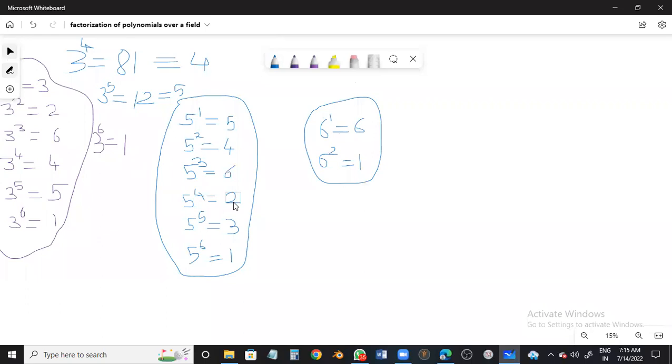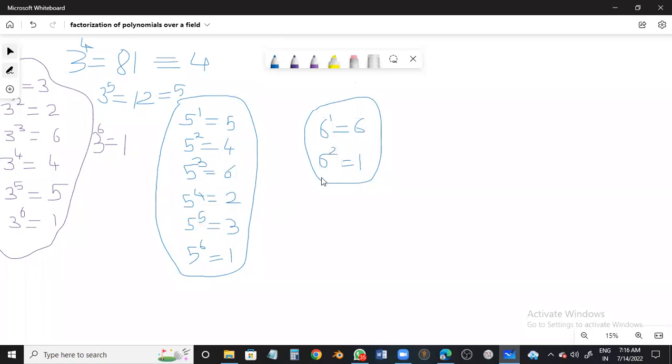Okay. Then 5 2s are, what we do every time, earlier answer multiplied by the base. 5 2s are 10. 10 minus 7 is 3. And 5 3s are 15. Minus 14 will give us 1. So you got all the elements of Z7. Hope so. 1, 2, 3, 4, 5, 6. So 5 is also generator of the group.